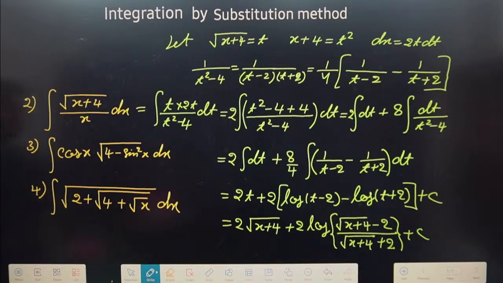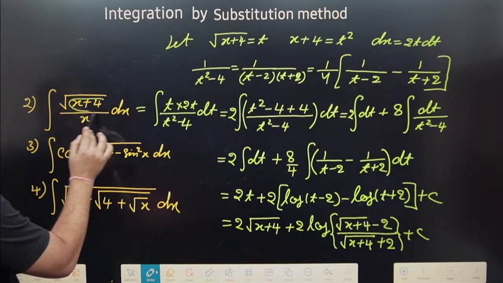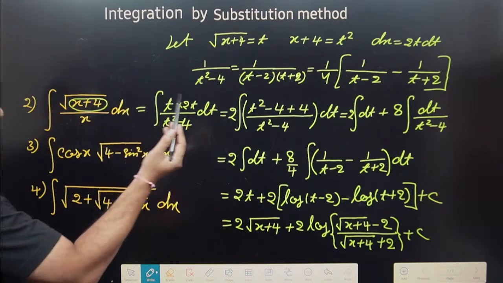Now the next problem. After that, is it clear or not? Very simple. This part is very complicated, so that is why root x plus 4 is taken as t. Then x plus 4 is t square.